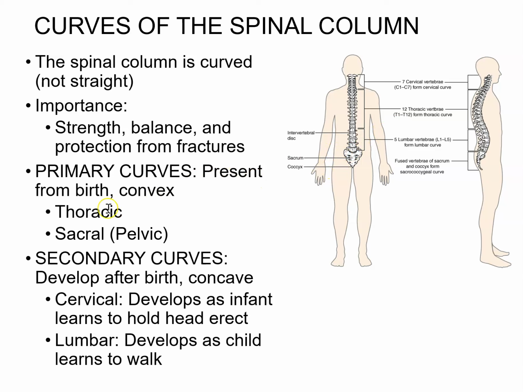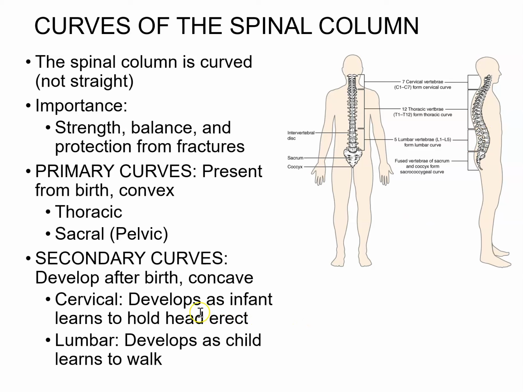So our 2 primary curves are the curvatures that we get from both the thoracic and the sacral vertebrae. Your sacrum, even though those bones are fused, does have a curvature to it. So we already have these when we're born. We do not have the cervical or the lumbar curvature.